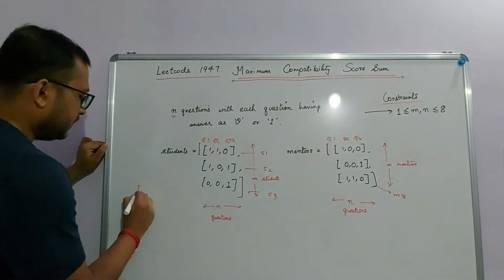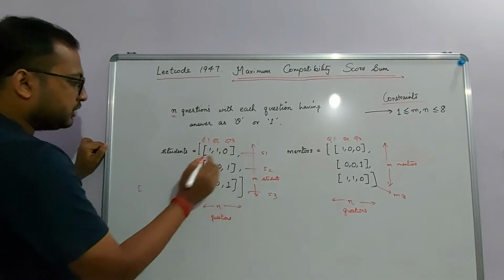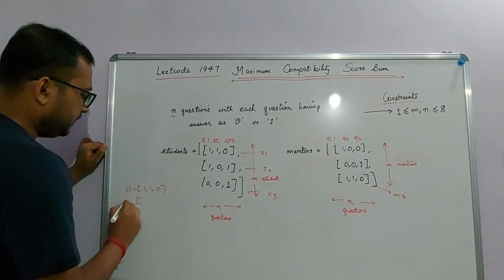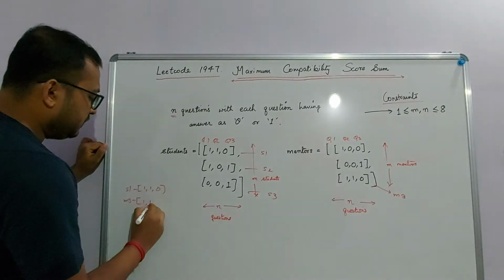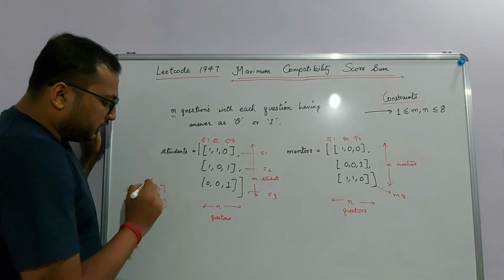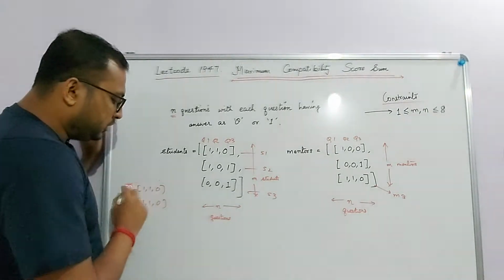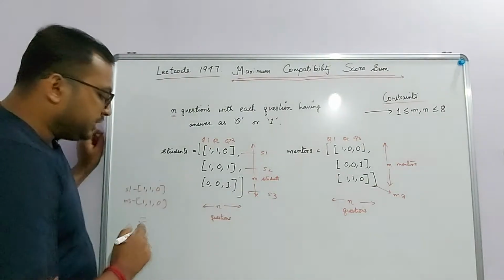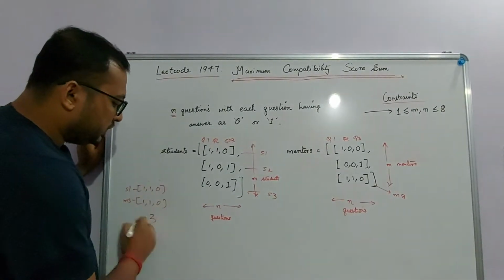The answers given by student 1 were 1, 1 and 0, and the answers given by mentor 3 were 1, 1 and 0. As you can see, for all the questions, question 1, 2 and 3, all the answers match for both the student and the mentor. So their score is nothing but the sum of all the values that match. There are 3 values matching, so the score is 3.